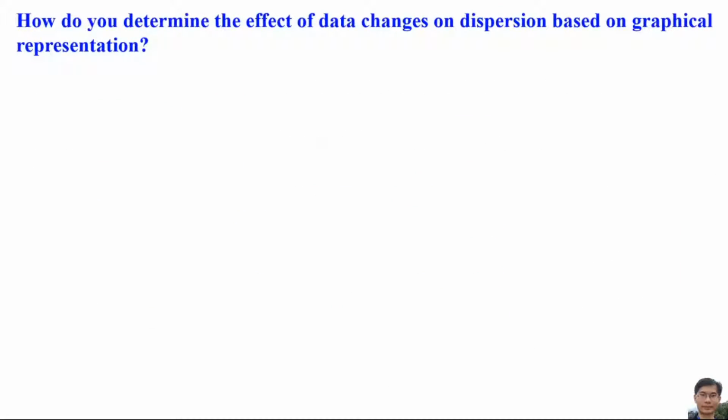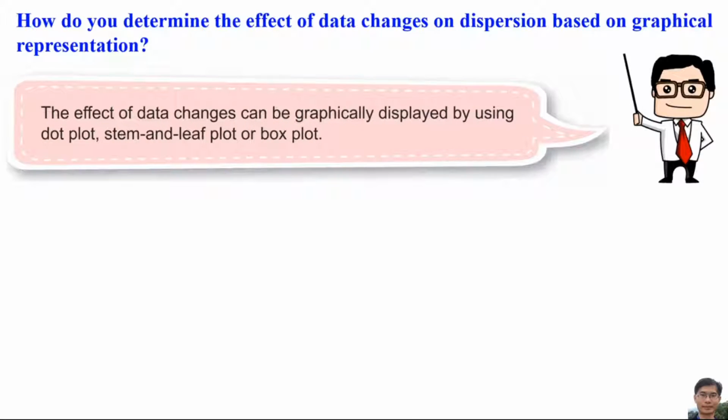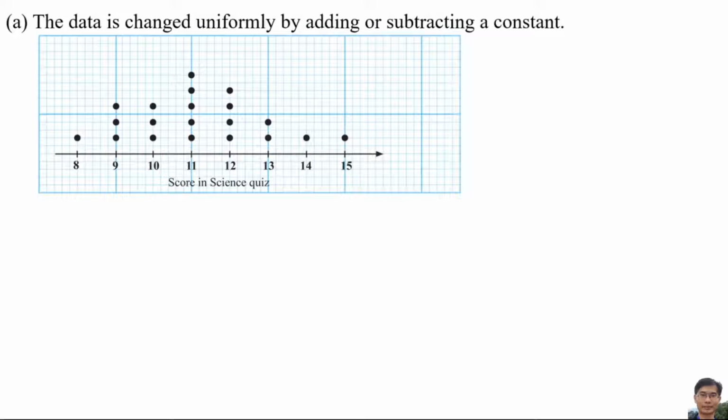How do you determine the effect of data changes on dispersion based on graphical representation? The effect of data changes can be graphically displayed by using a dot plot, stem-and-leaf plot, or box plot. A. The data is changed uniformly by adding or subtracting a constant. Let's see this dot plot, score in science quiz.